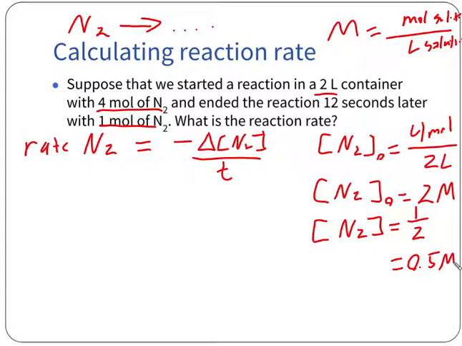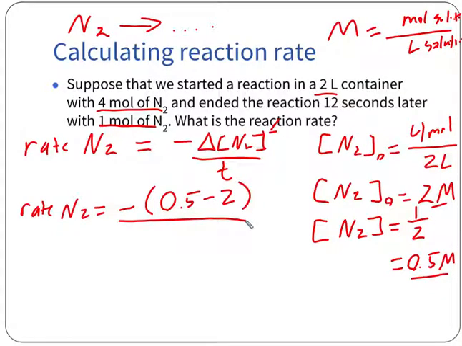All right, so once we know that, we can go ahead and figure out this rate, because the reaction rate of N2 is going to be equal to the negative of the change in concentration. And remember that change in concentration is always the final minus the original, and our final was 0.5, our original was 2 molar. So we'll say 0.5 minus 2 molar divided by the time.